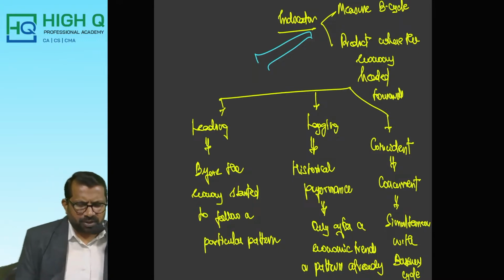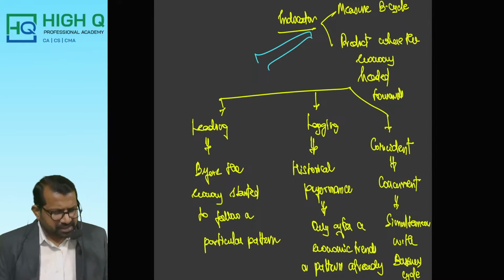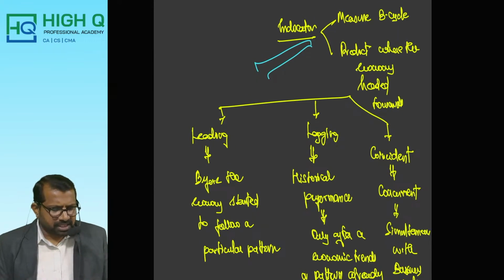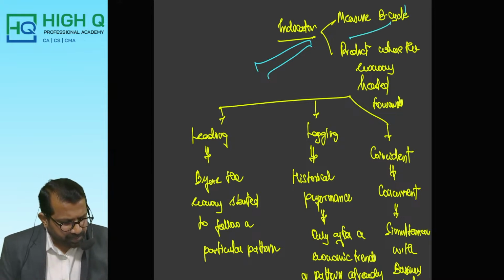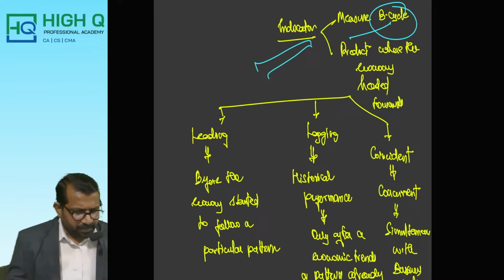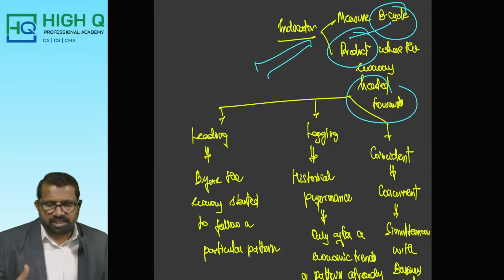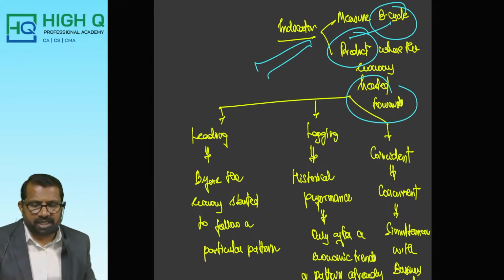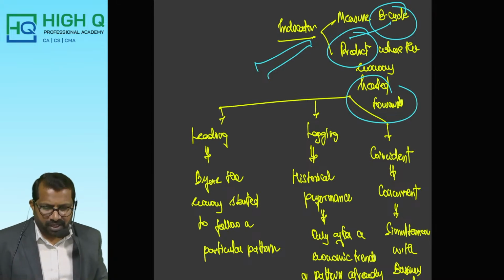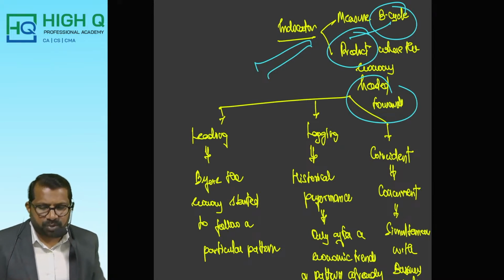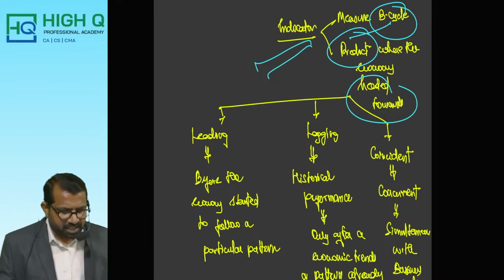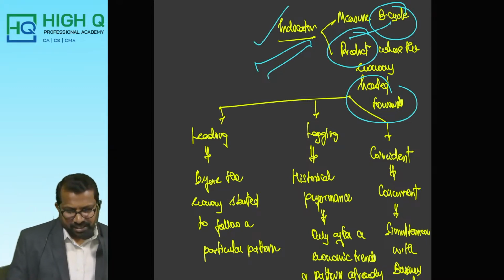Indicator. Sir, what is the meaning of indicator? Yes, an indicator is a term which represents a measure of the business cycle, with which we are able to predict where the economy is headed and in what stage the economy is at present. To identify or predict the business cycle earlier, we apply indicators.